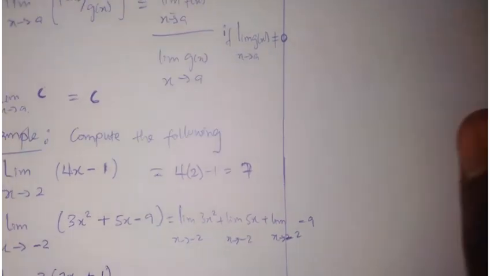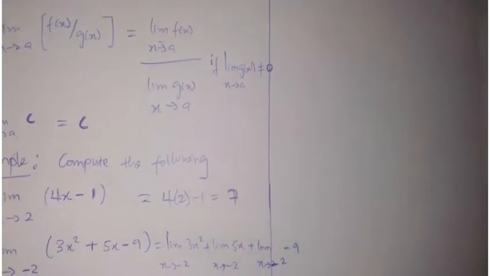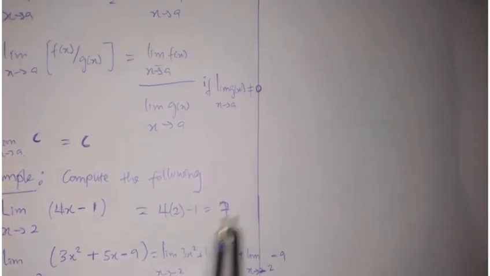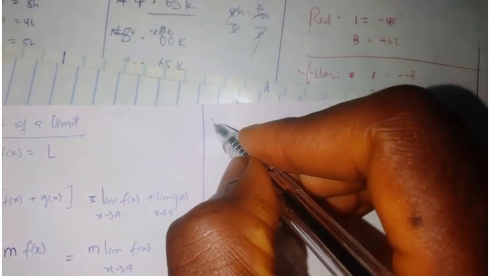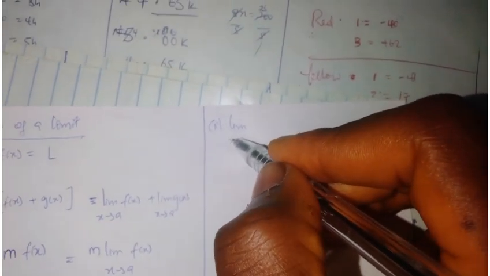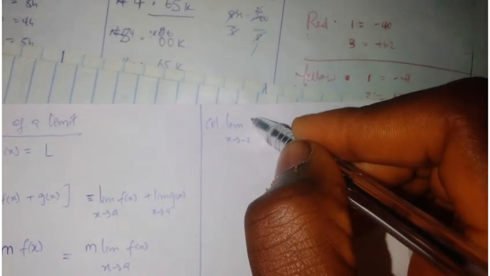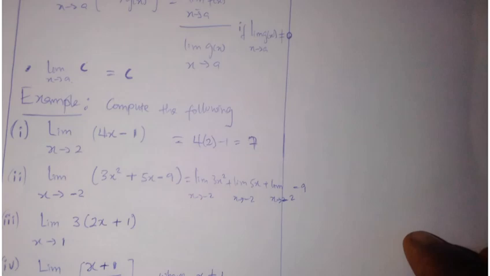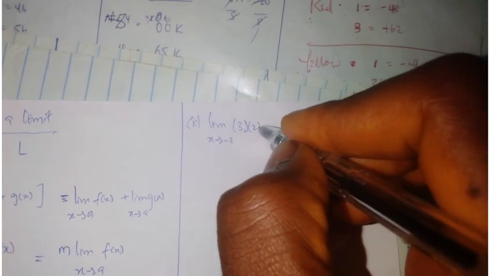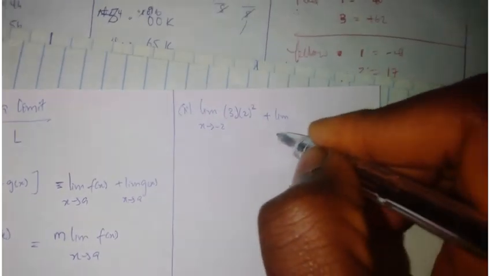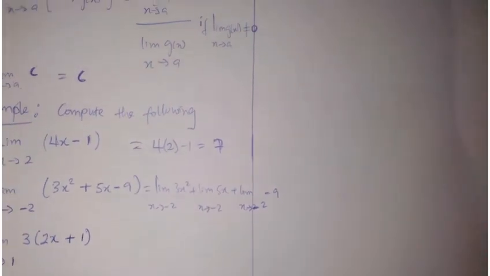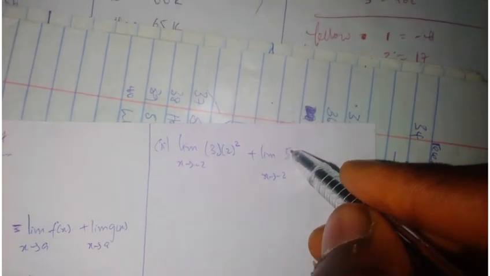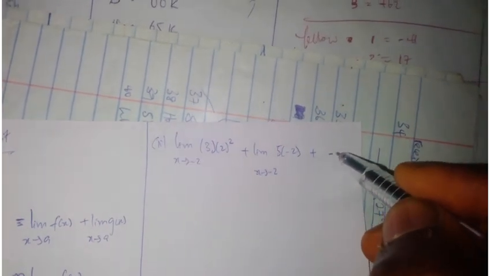But now, on solving, what do I have? This becomes the limit of 3 into minus 2, all squared. That becomes the limit as x tends to minus 2 of 3 into minus 2 all squared, plus the limit as x tends to minus 2 of 5 into x, that is 5 into minus 2, then plus minus 9.